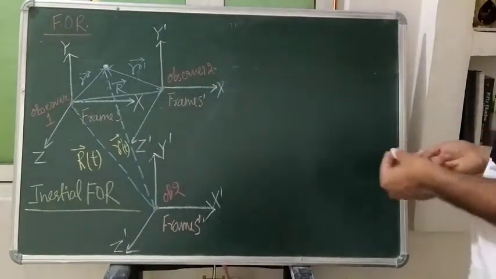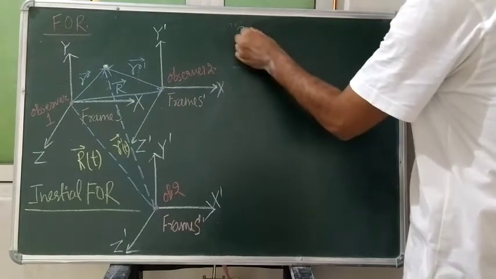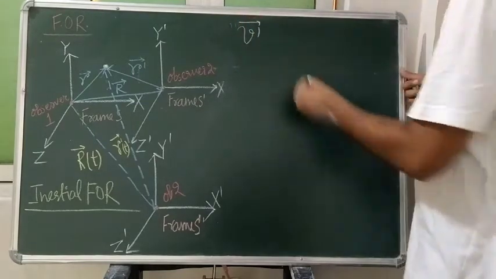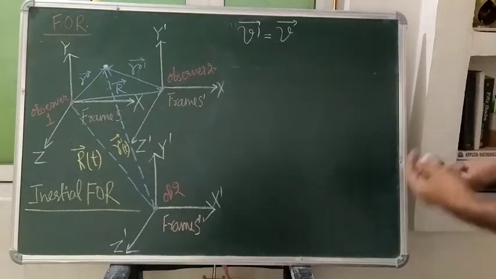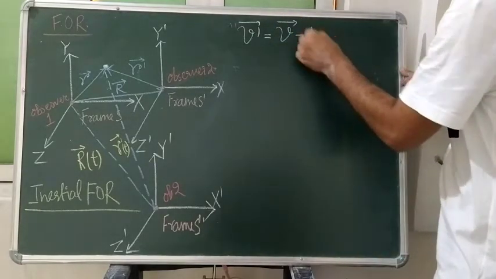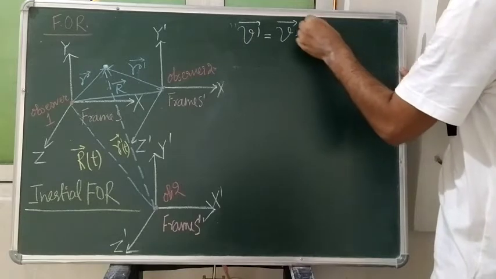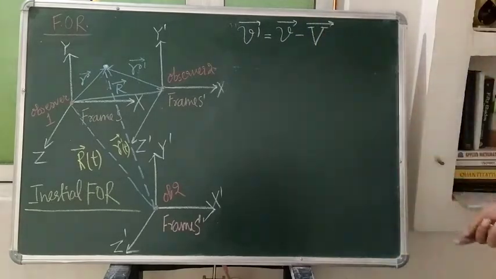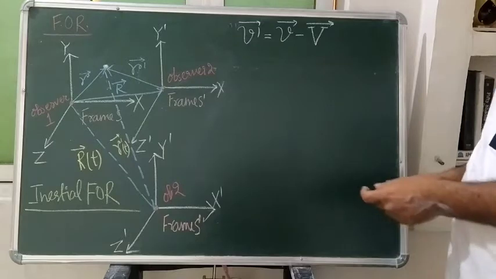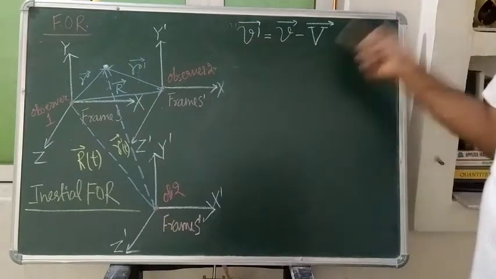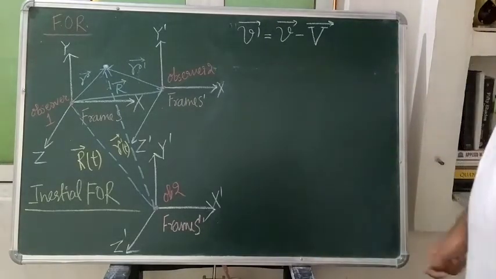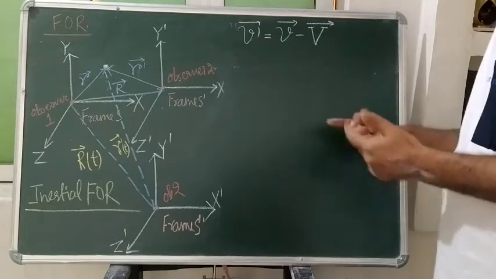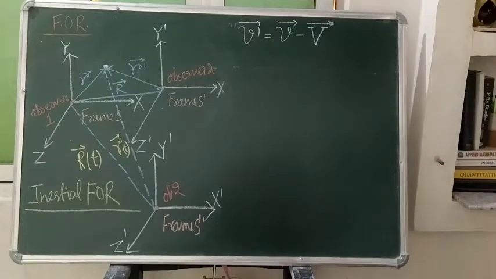So we have got the expression for the velocity of that object in frame S prime, which was equal to the velocity of that object in frame S minus the velocity of the frame with which it was moving. We can also think about the expression for the acceleration of that object from frame S and from frame S prime.